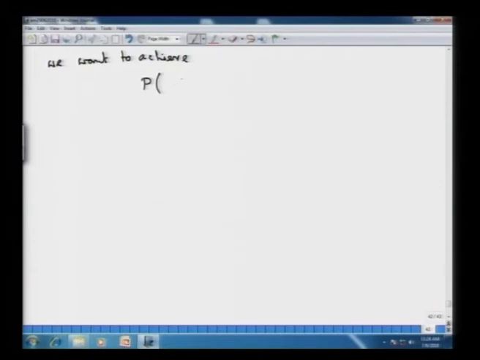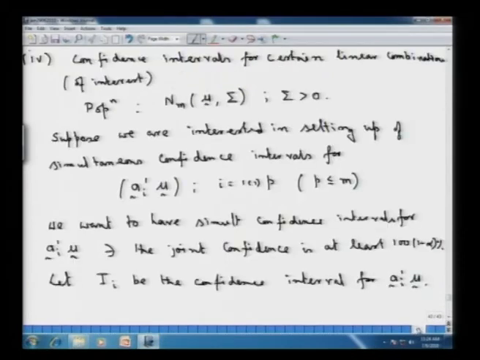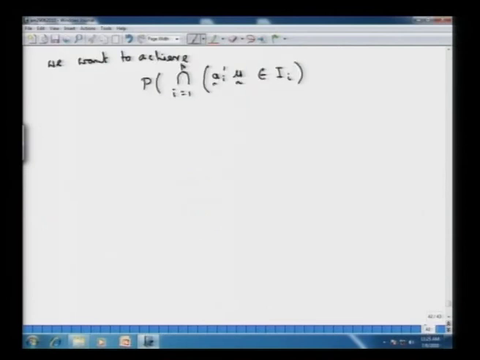This is the intersection of each of these i equal to 1 to p, that a i prime mu belonging to I_i. So, this is an event that a i prime mu belongs to I_i. That is, I_i is what we have defined to be the confidence interval for that particular term, and then the intersection of all such events, this probability we require to be equal to 1 minus alpha.